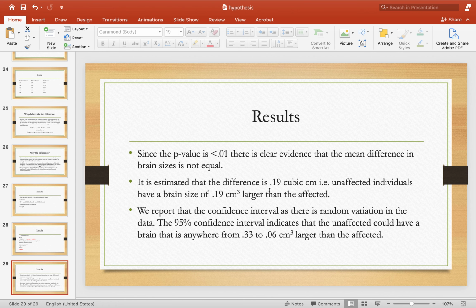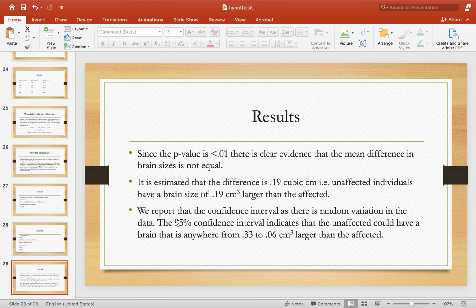It is estimated that there's a 0.19 cubic centimeter difference, and the 95% confidence interval, right? Every time I take a different sample, I'll get a different result. There's only 15 individuals in this. Ideally, there should be 30. So that's one downfall of this study.